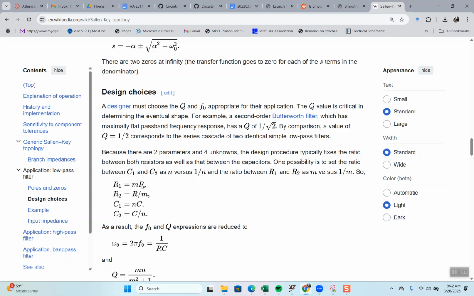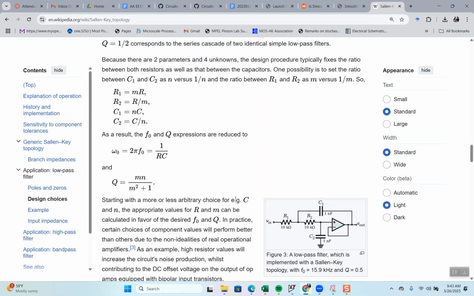So I choose R, let's say it's a kilo ohm, and M is 2. R1 is 2 times that, and then R2 would be divided by 2. Same with this. And it makes it a lot easier. And when you use the analog tool, you might notice that, hey, it always seems this is bigger than this by a certain amount, right? This is where it comes from, all right?